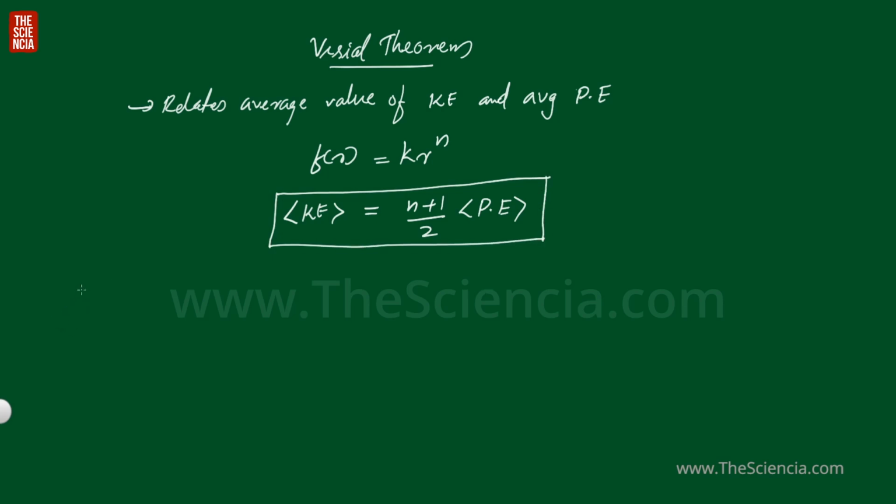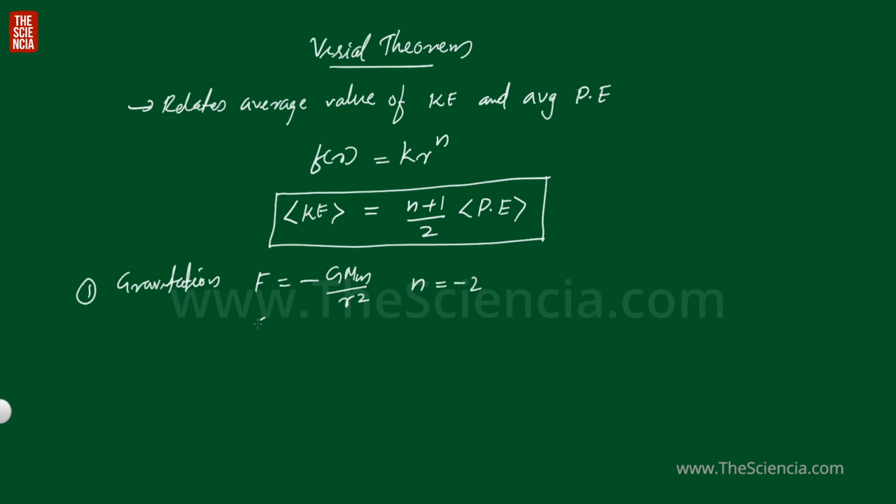Now let us consider some examples. First one is gravitational force. Now it is a central force, that is F is equal to minus G m by r square. So what is the n value? N value is equal to minus 2.